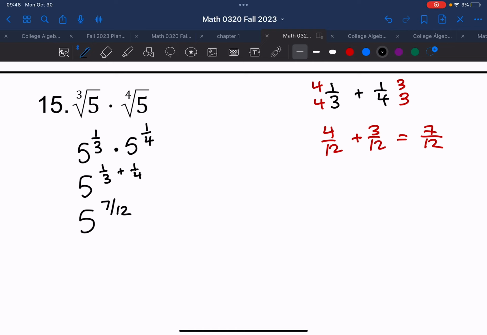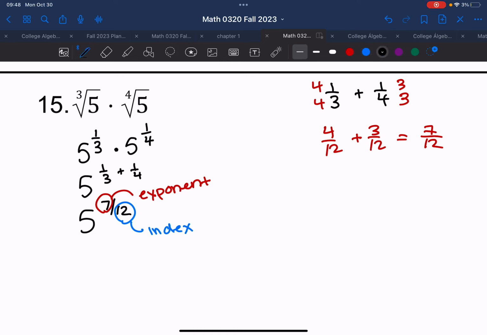Remember, we learned how to turn exponents into radicals. So we remember that this top number here is our exponent. And what's the bottom number? You guys remember? The nth root. And we just learned that the nth root is called the index.